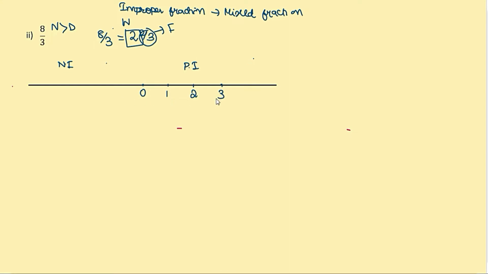Okay, so let's represent it as OB, and suppose this is C. Okay, now 2/3. 2/3 means from this whole number 2, it is divided into 3 parts, since the denominator is 3. 1, 2, 3, and 2, where will 2 be located? 2 will be somewhere 1, 2.